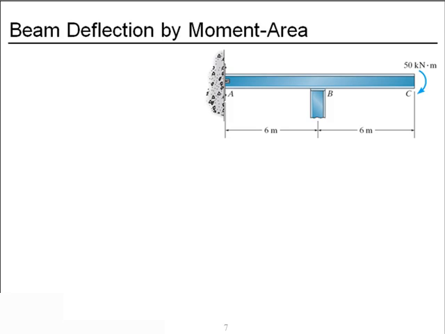Before we spend time calculating vertical deviations, let's have a plan for finding the vertical displacement at C so we can figure out which vertical deviations we need to calculate using moment area.